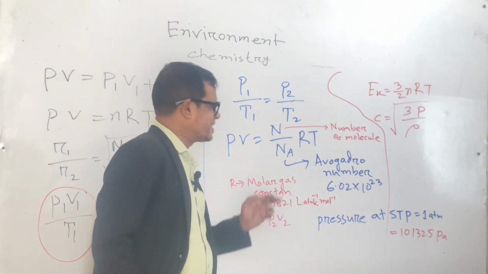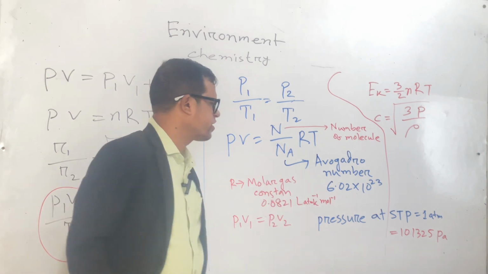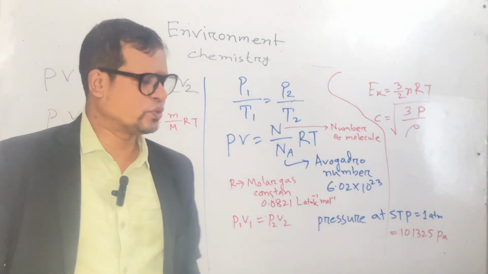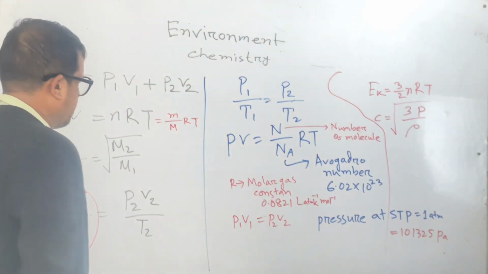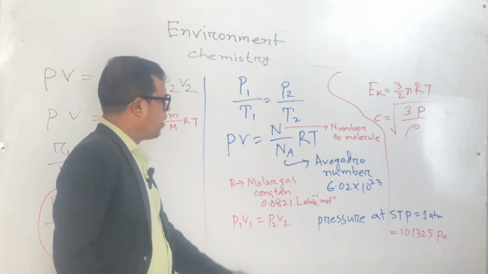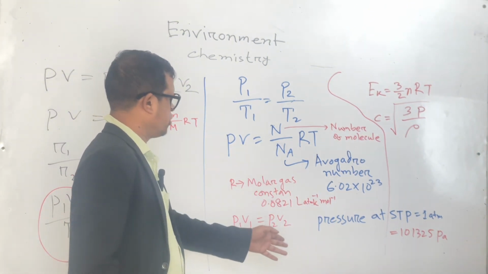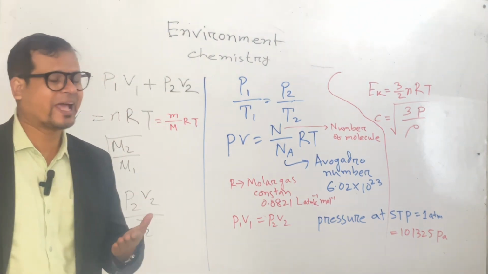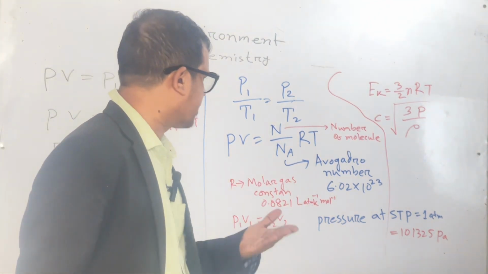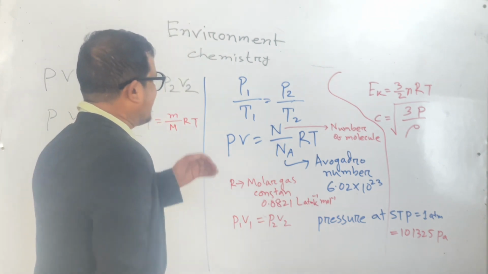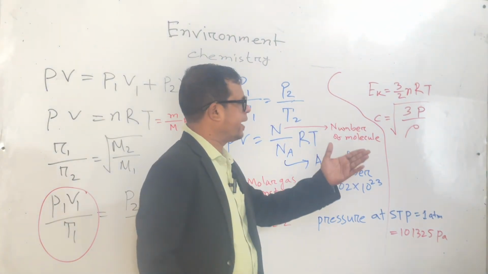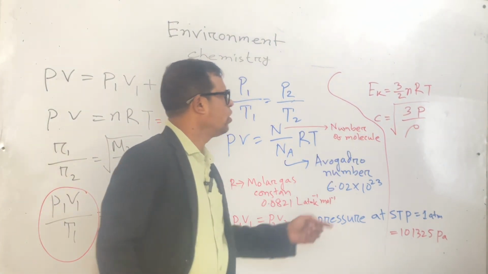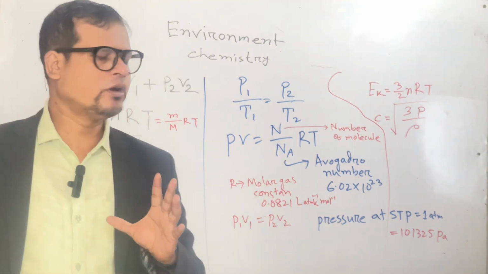N is the number of molecules, and N_A is another number, 6.02 times 10 to the power 23. P1V1 equal to P2V2, and pressure at STP equal to 1 atm equal to 101,325 Pascal. E equal to 3/2 nRT. C equal to root 3P over rho.